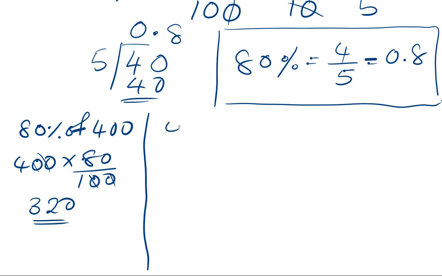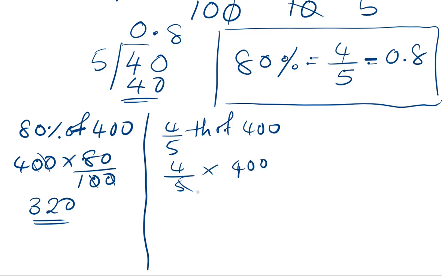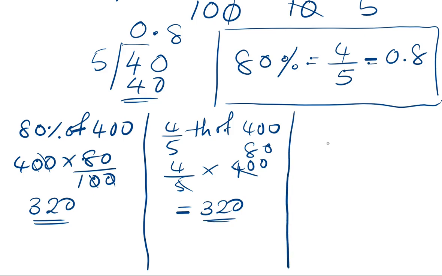Then 4/5 of 400. So 4 over 5 into 400, that is equal to 5 into 80 is 400, so 4 into 80 is also 320. Finally, 0.8 into 400.